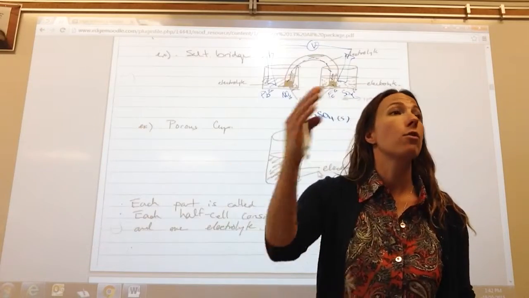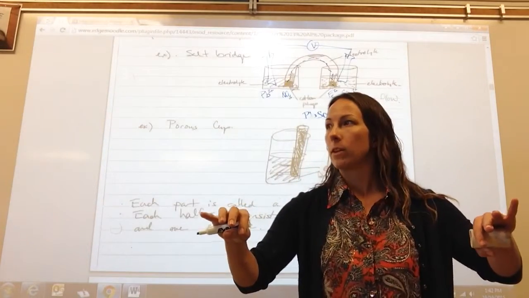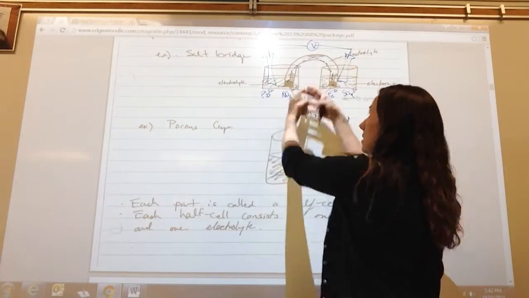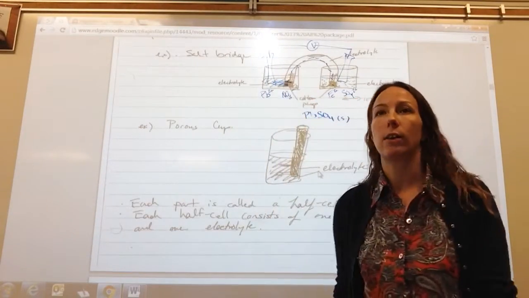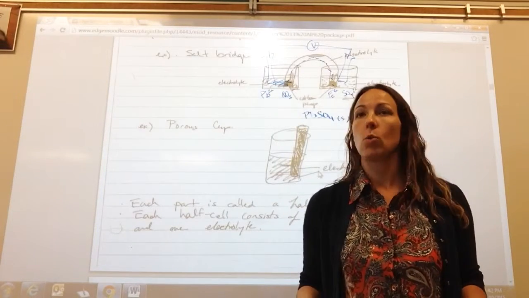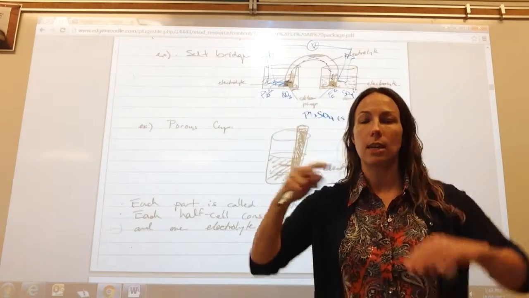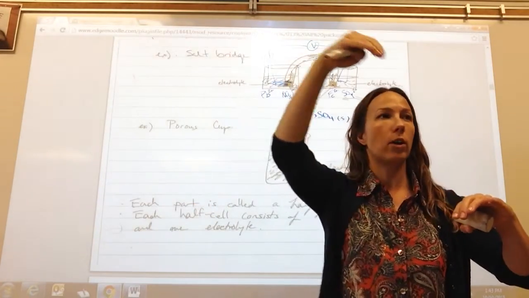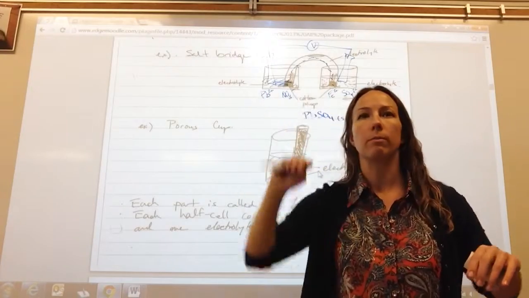So in order to have the current flow, we have to separate them, so they're forced to go along this pathway. If I threw these things together, the electrons would just be transferred right there, and I wouldn't be able to get electricity out of it. So one thing Volta did when designing his cells is he separated the two half cells to force the electrons to travel on a pathway so that we can use them.